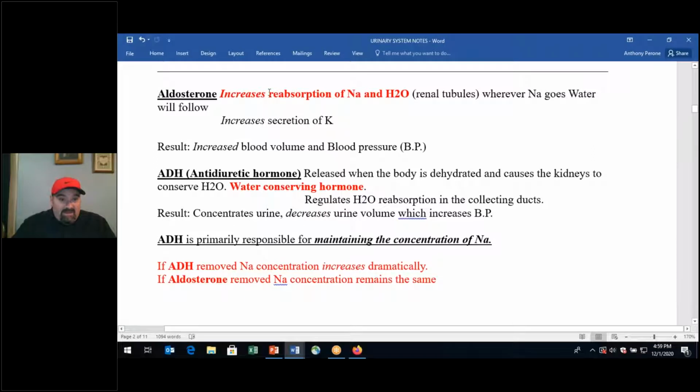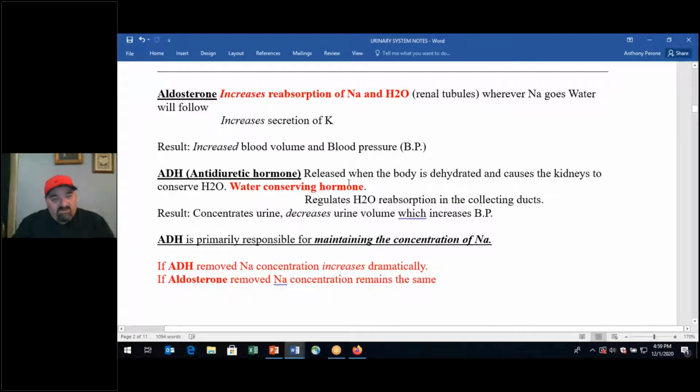You'll see here I've highlighted aldosterone in particular, very important as far as increasing reabsorption of sodium, and where sodium goes, water also follows, okay? So increasing sodium reabsorption will have water follow, so then we're going to increase more water reabsorption, which will in turn increase blood volume and blood pressure.